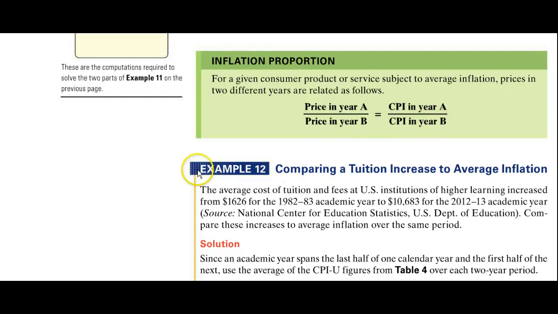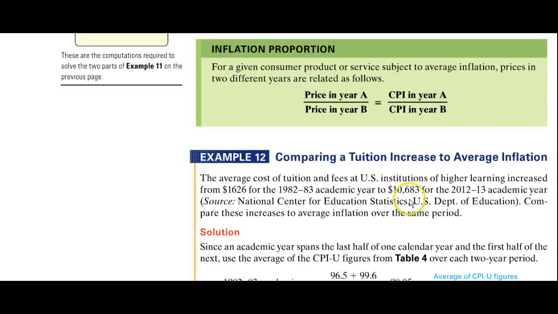So here they're saying the average cost of U.S. institutions for higher learning increased from this in this period to this in this period. Now, how did that relate to the actual consumer price index and what we might call the rate of inflation?